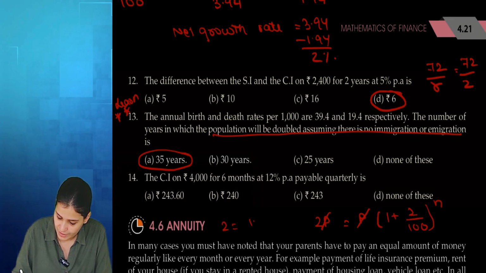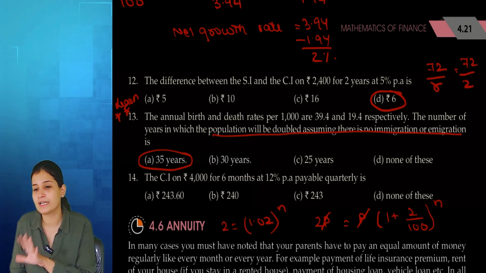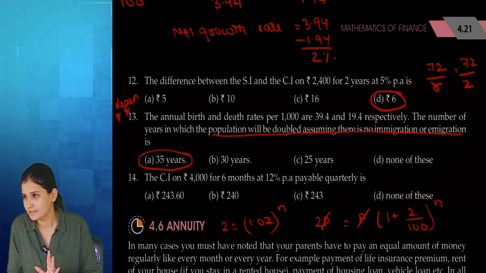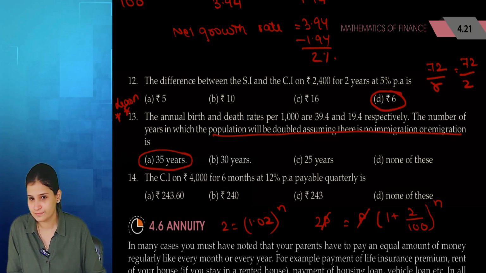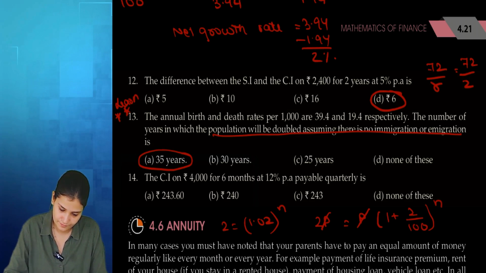So 1.02 to the power n. It is basically between 35 and 36. So if I would have had 36 years option, I would have marked that. But I don't have it. So 35. It's 35 point something. Okay. Guys, clear? Yes, ma'am.